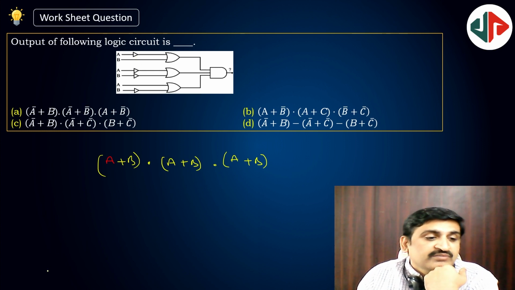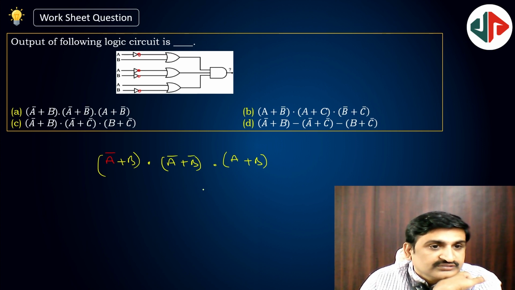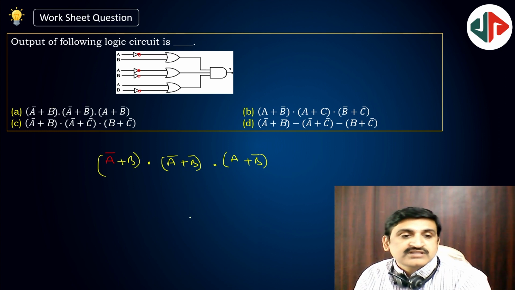If they have bubbles, then the story is different. If it has a bubble here, here, here, and here, then I can think of it as A bar plus B. The next one is A bar, B bar, and the next one is A, B bar. Yes, maybe the bubbles are missing.